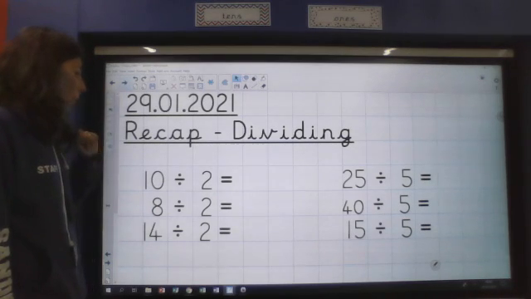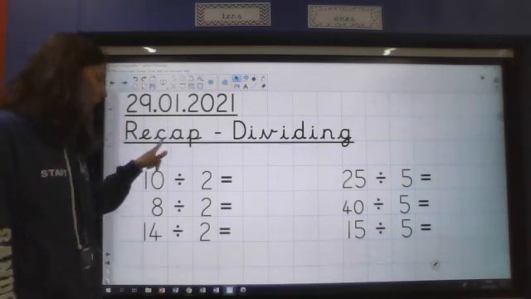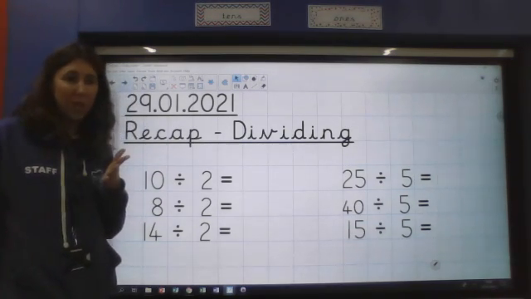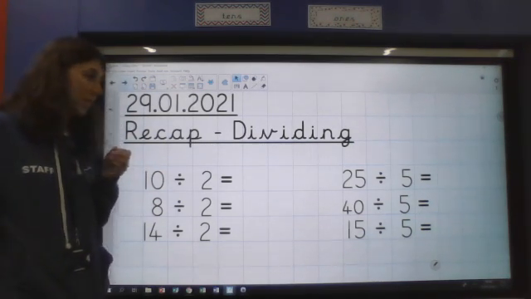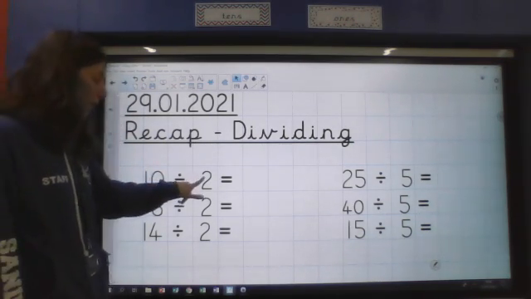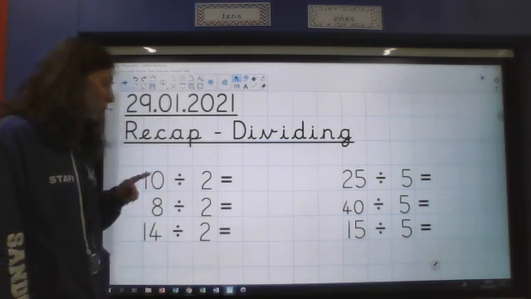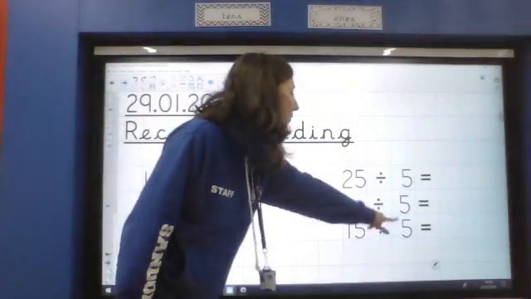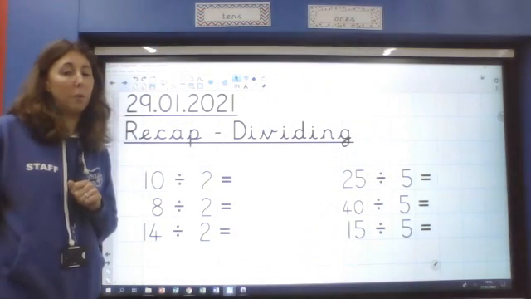Okay. Now, we're also thinking about our recapping of dividing, okay? What we did yesterday was we used our times tables to solve our division problems, which we are going to do again today, okay? So when we're dividing by 2, we know to count our 2's until we get to the biggest number, and when we're dividing by 5, we know to count in 5's until we get to the biggest number.